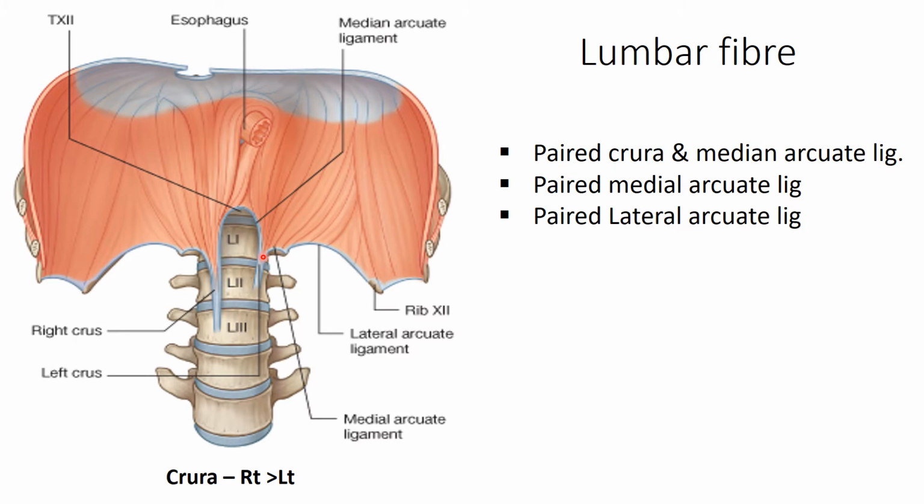These crura arise from the upper lumbar vertebral bodies and the intervening intervertebral discs. The right crus arises from the upper three lumbar vertebral bodies and the adjoining intervertebral discs, and the left one from the upper two lumbar vertebral bodies and adjoining discs. As they arise, they merge with the anterior longitudinal ligament.